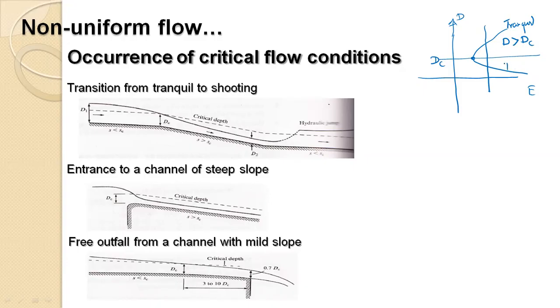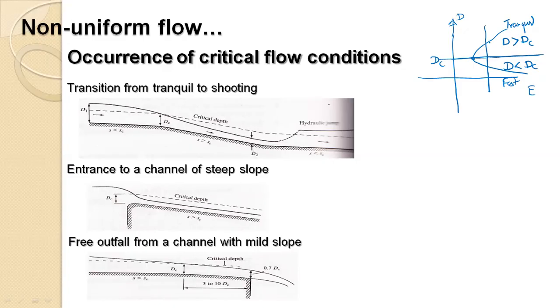And when the water depth is less than the critical water depth, we call this the supercritical flow or the fast flow. So this critical water depth actually separates the flow into supercritical or subcritical. Supercritical means when the water depths are less than the critical depth for a given channel.